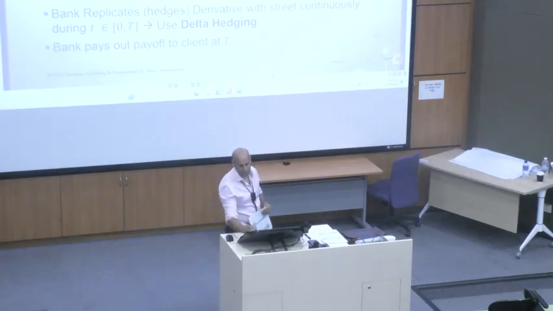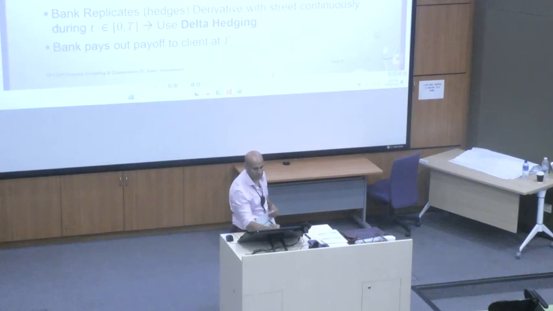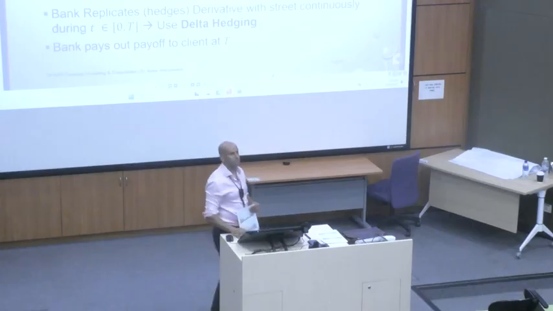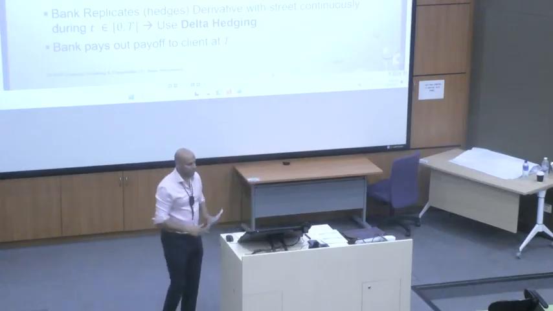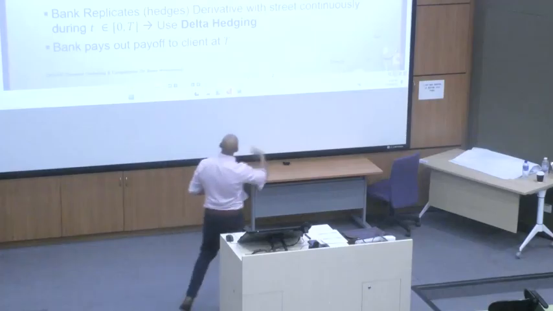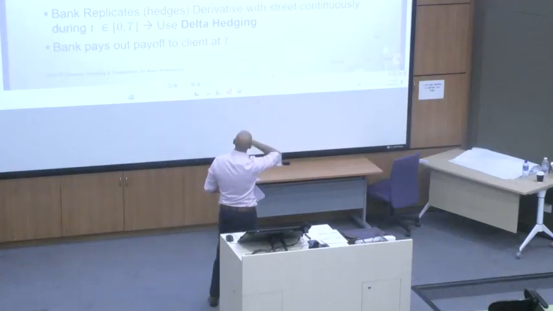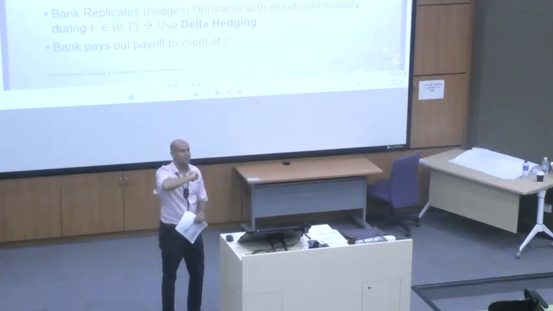Okay? Which might be, I don't know, I'm making up numbers, $10. Let's say S0 is 100, K is 100, T is 1 year, for example. Okay? And Black-Scholes, we put all the numbers in, says the price is $10. So the client buys this option from us at $10.